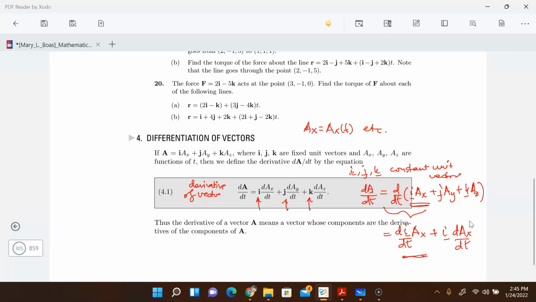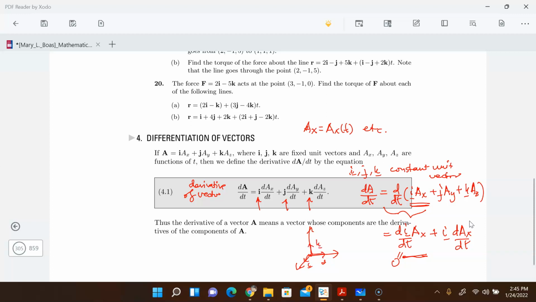But since i, j and k are constants, this will be equal to 0. Why is it constant? Well, your x, y, z axes stay fixed. So your i here, your j here are just fixed vectors.